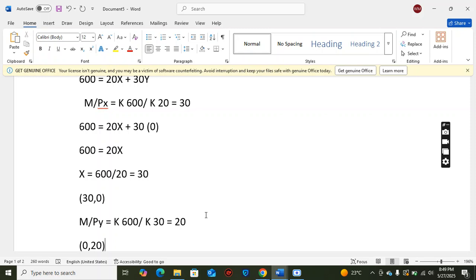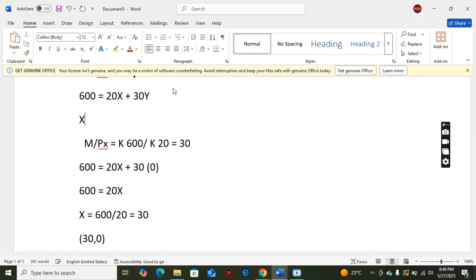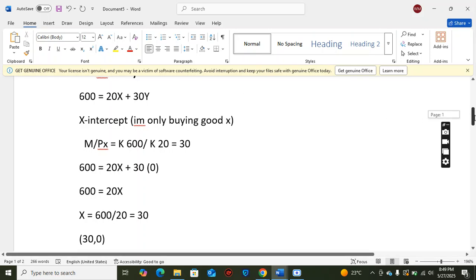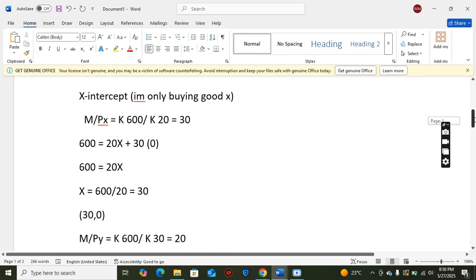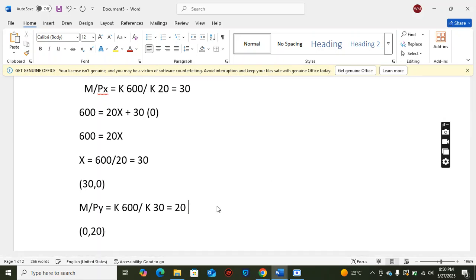So for your X intercept, it's this one here, where you're only buying good X. Y intercept, I'm only buying good Y. When I draw this budget constraint curve, you'll see these intercepts.